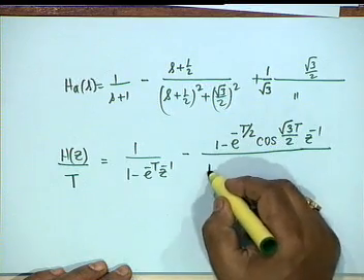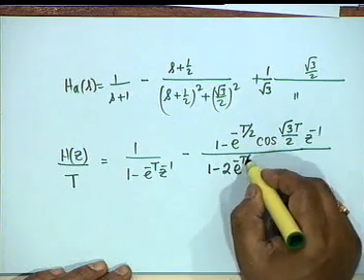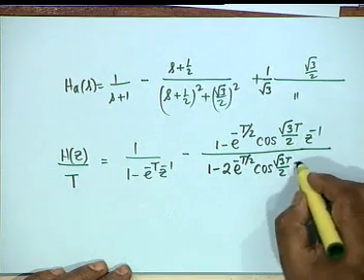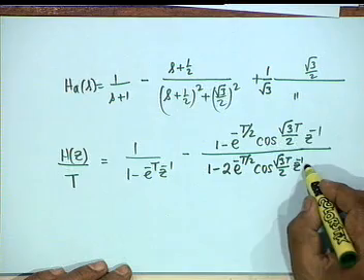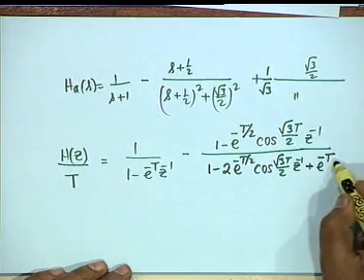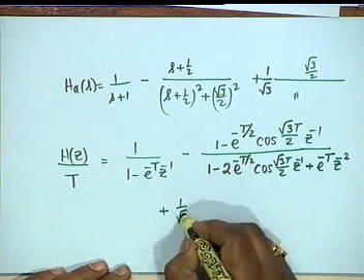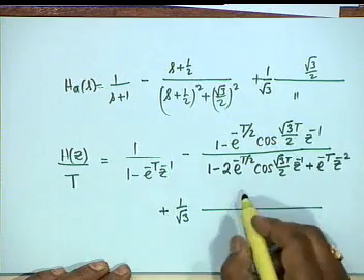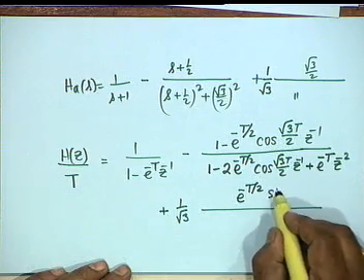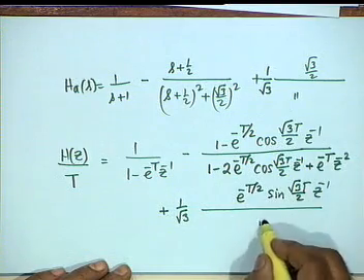divided by 1 minus twice this term e to the minus t by 2 cosine of root 3 t by 2 z inverse plus e to the minus t z to the minus 2, plus 1 by root 3, this should be e to the minus t by 2 sine of root 3 t by 2 z inverse, the same denominator.